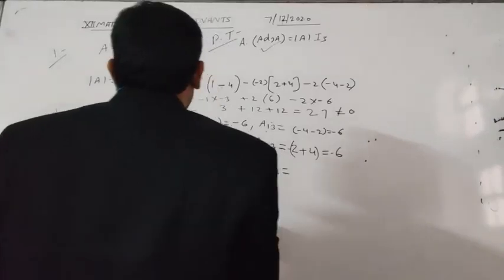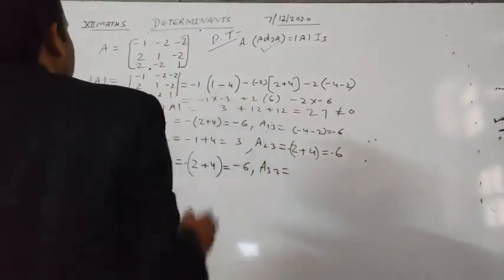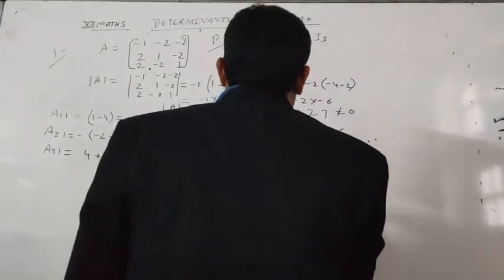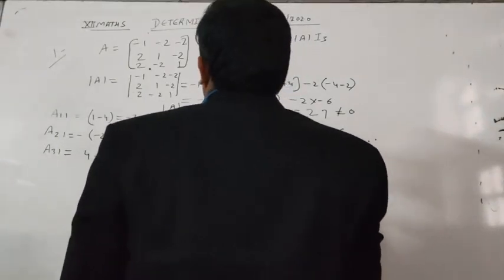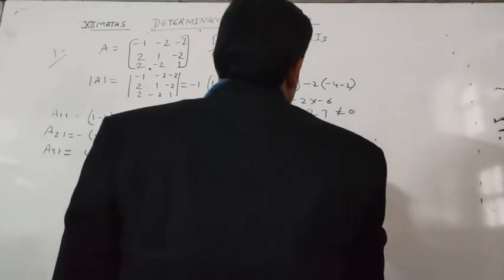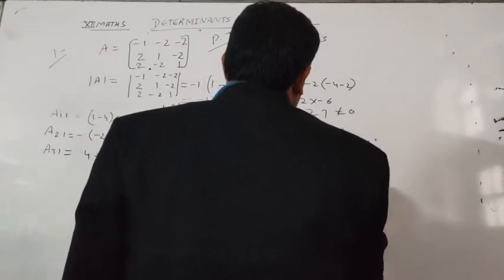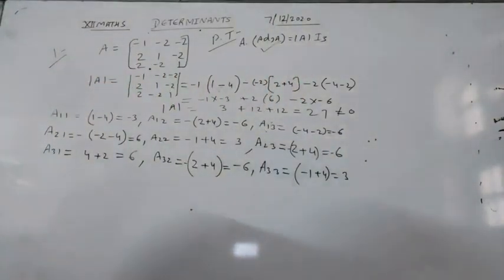A33 is cancelled. This is cancelled. So here is minus 1 and plus 4, which is 3. So our A31 is 6, A32 is minus 6, A33 is 3.